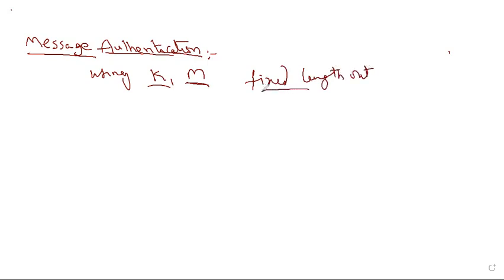So fixed length data is output from the message authentication function, because message authentication uses one particular function, and assume that function as C. This is the message authentication function. It receives one input, the message, and another input, the key, and produces a fixed length output.